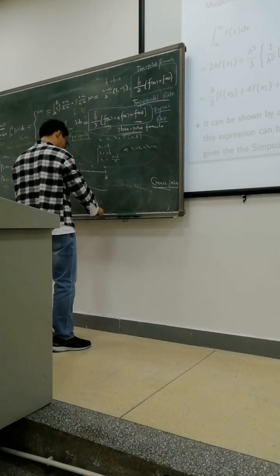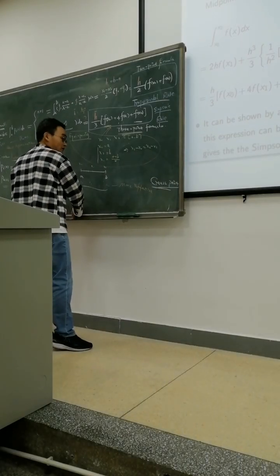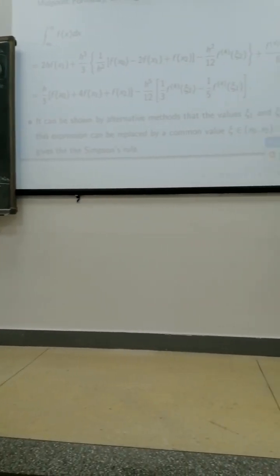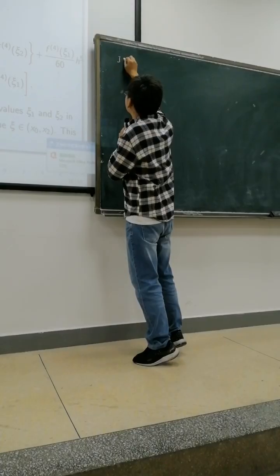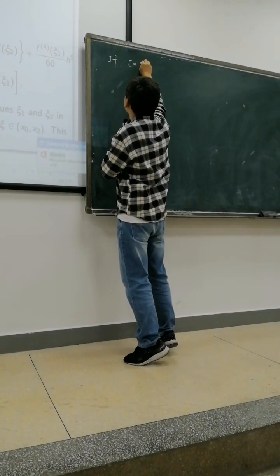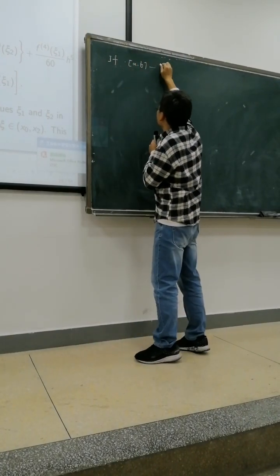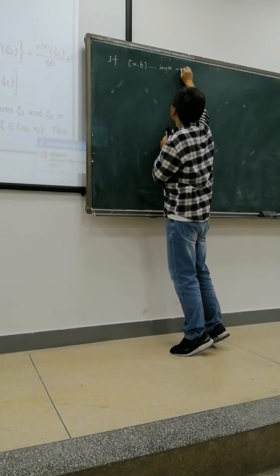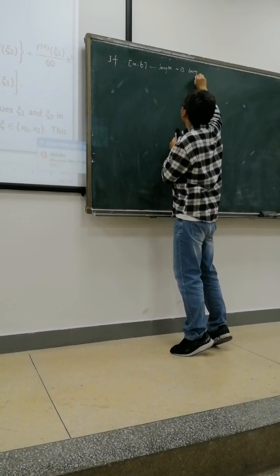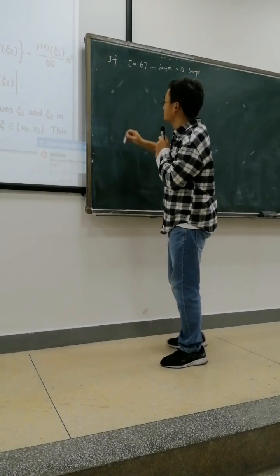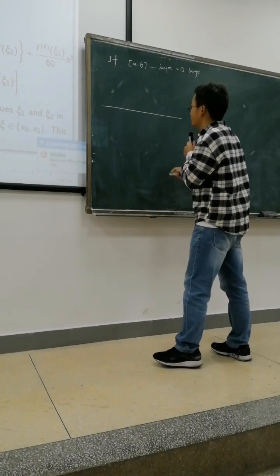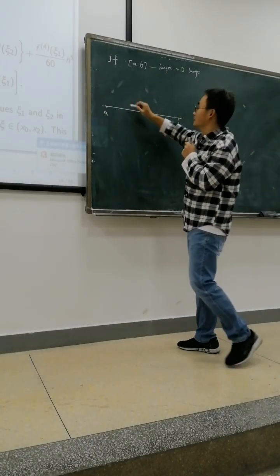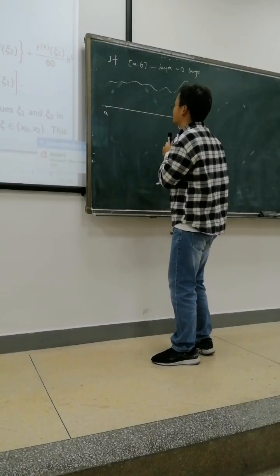Now, if we take a long interval, that means the length of AB is very large, for example AB here, and the function f like this.